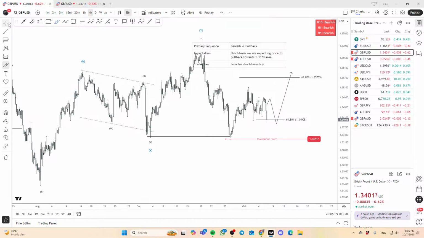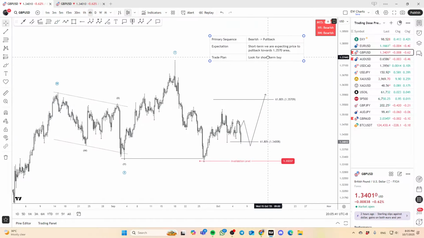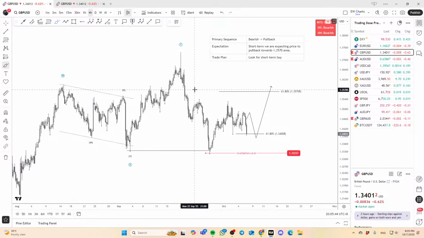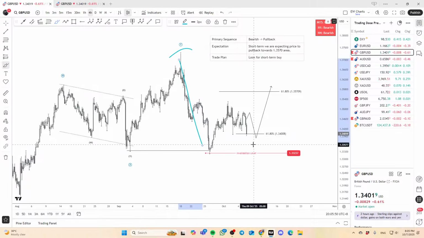So pound dollar is actually kind of a short-term buy. If you look at it from a forward time frame perspective, why I'm looking at this particular buy is simply, price put in a high here and then came up pretty impulsive. So technically the overall larger direction is still bearish.